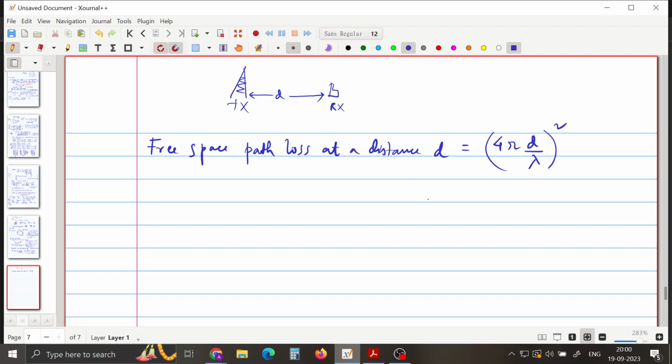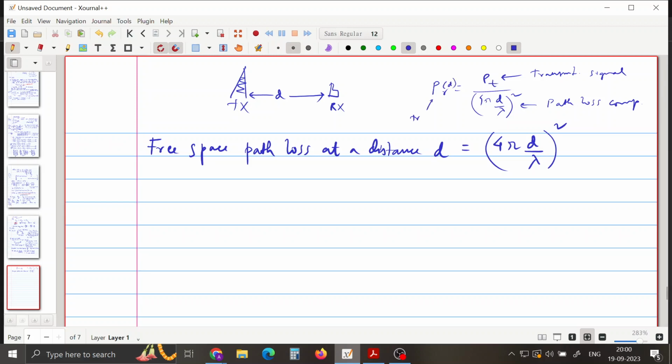In that free space model, remember that PR was given by PT by 4 pi d by lambda whole square. This was your path loss component, this was your transmitted signal, and this was your received signal power at distance d.